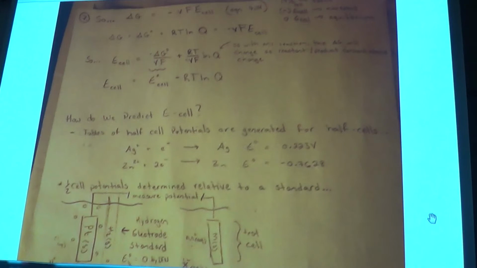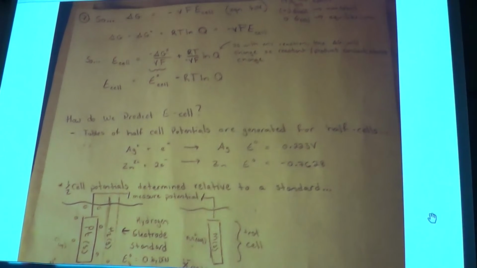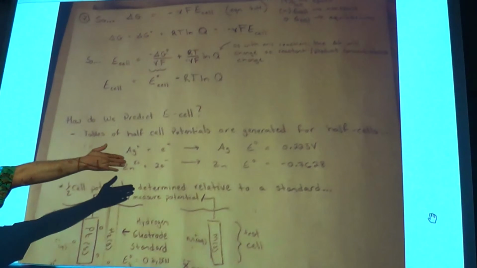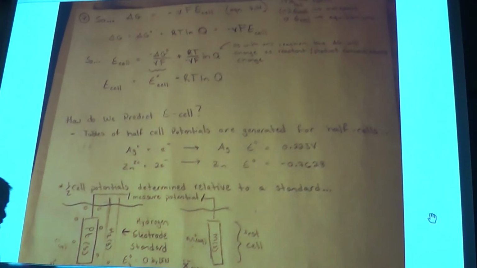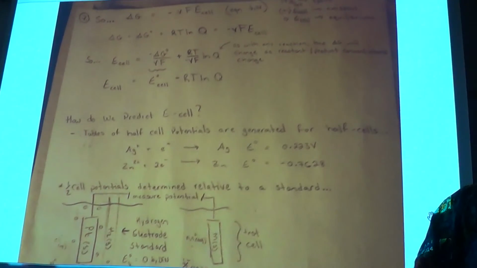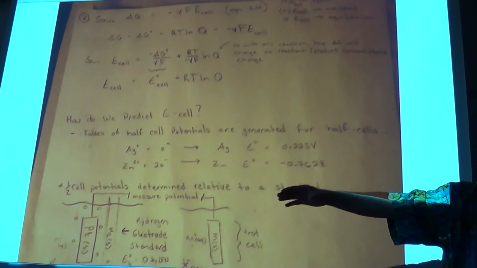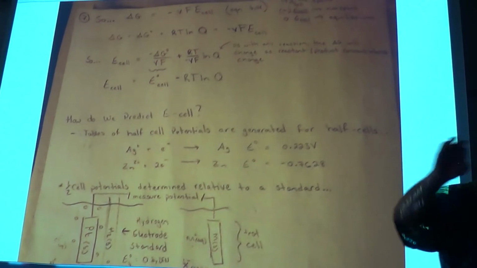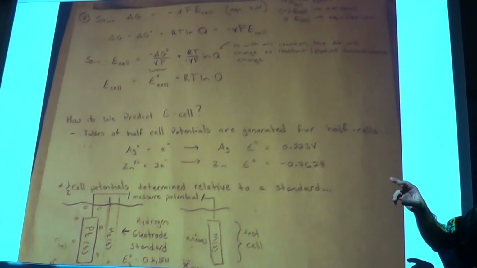So you run through, you make your tables, you test all of these guys against some reference cell, usually hydrogen, and you write out a series of E naughts. And you guys know what to do from there, right? In Gen Chem, you take E naught for a reaction, and for whatever redox process you are running through, you figure out which species is going to be oxidized, which is going to be reduced.